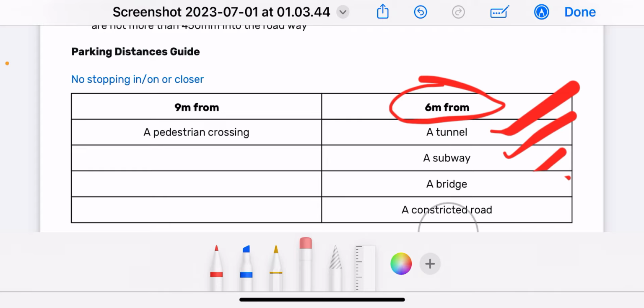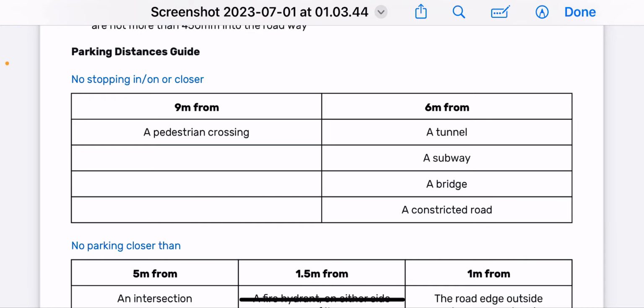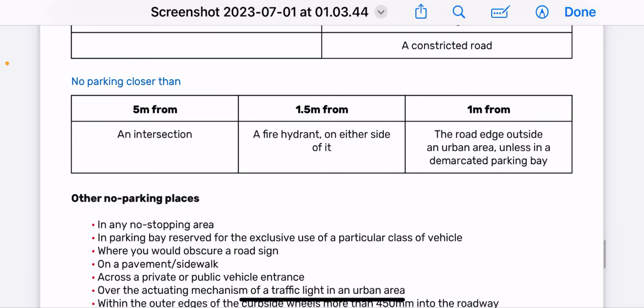Okay, moving right along. No parking closer than 5 meters from an intersection, 1.5 meters from a fire hydrant, and 1 meter from the road edge outside an urban area, unless in a demarcated parking bay.